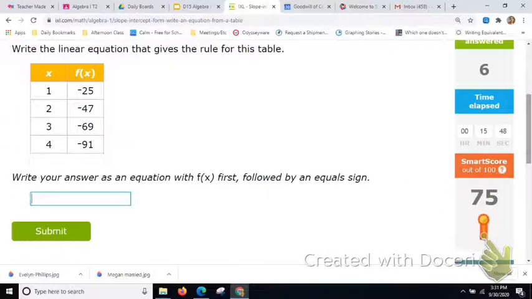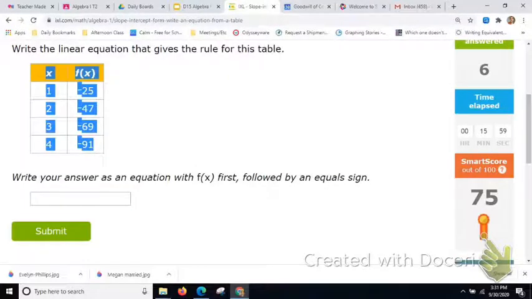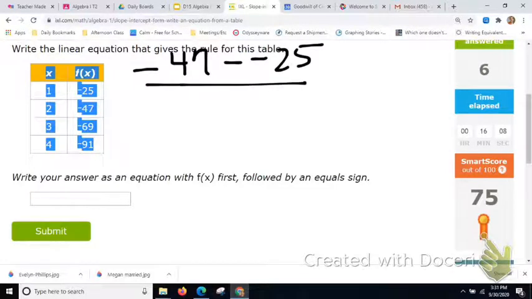So same kind of thing. Find the slope, find the intercept. So in this case, I'll go ahead and go with these two at the top. All right, so negative 47, subtract negative 25, and 2 subtract 1.